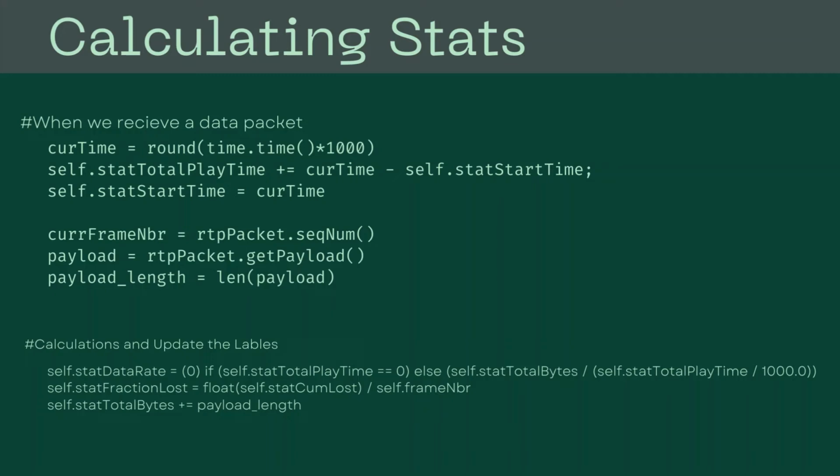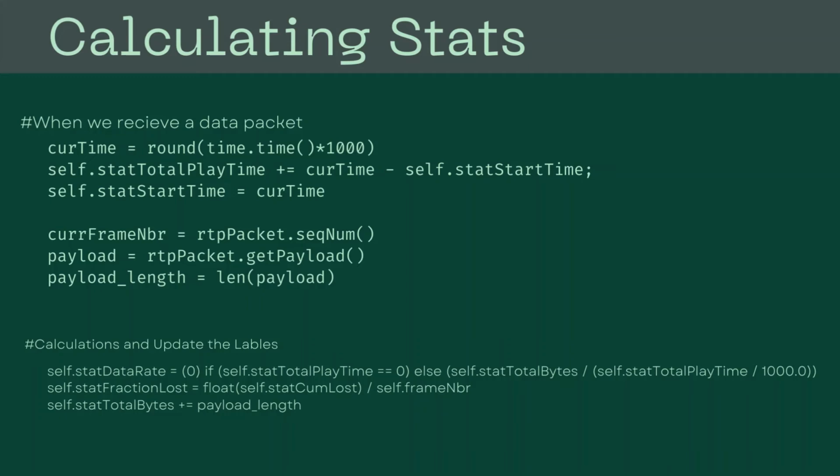All these calculations and the variables used are later used in order to update the labels. The data rate is indicated by a ternary statement here. For the initialization, if the total play time is 0, the data rate is set to 0. Otherwise, it is calculated by dividing the total number of bytes streamed by the total play time.